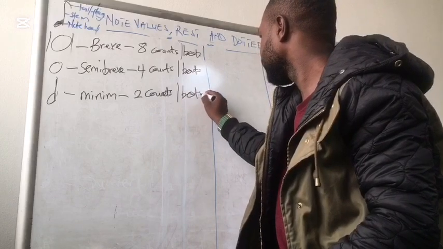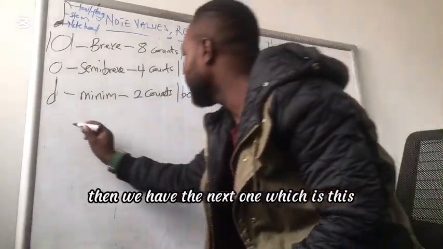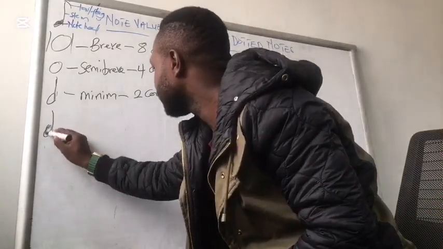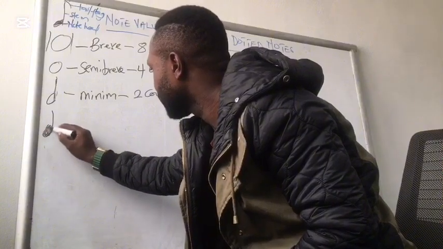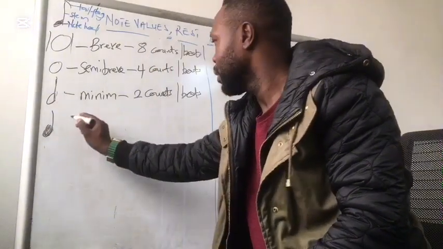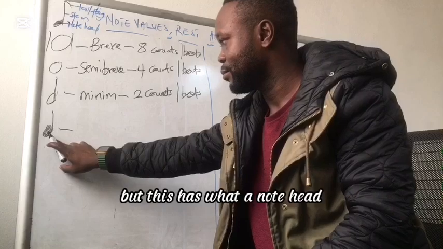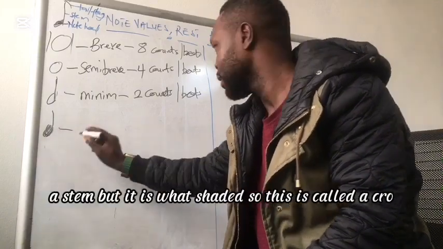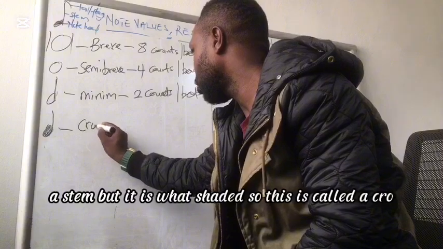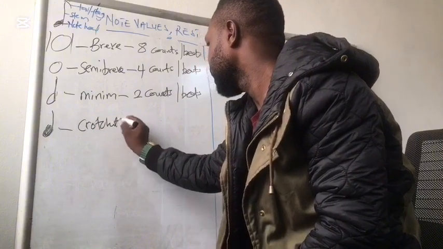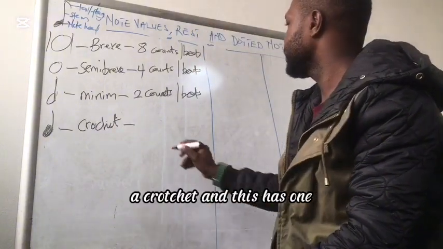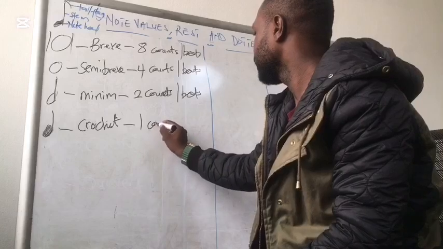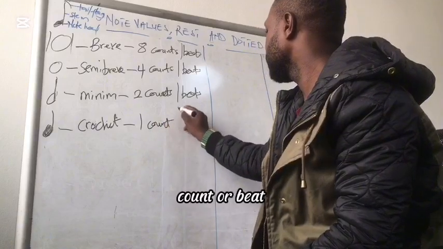Then we have the next one, which is this. It's almost like this one. But this has what? A note head, a stem, but it is shaded. So this is called a crotchet, and this has one count or beat.